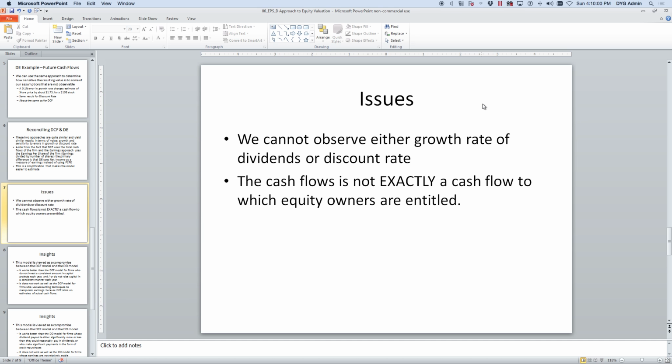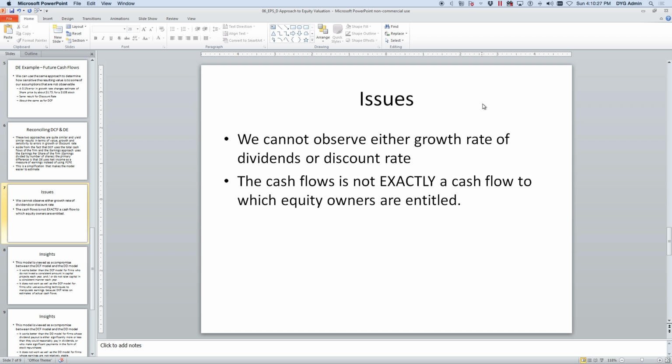Also, just from a conceptual standpoint, this net income earnings that we're talking about, it's not actually a cash flow that equity owners are entitled to, not exactly. And so it's a little bit more difficult to make that clean link that says, theoretically these are the cash flows that equity should be looking at.